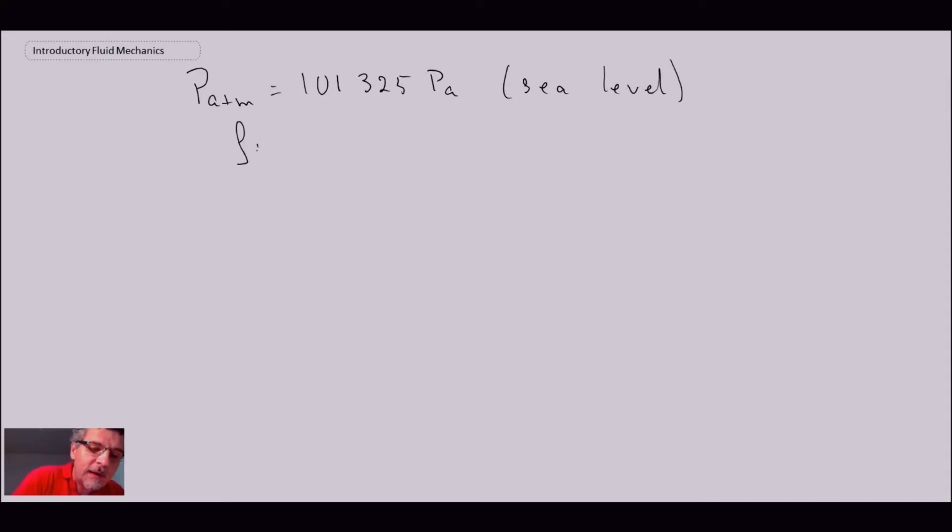Now, taking a look at typical values, let's say we have P atmosphere equals 101,325 pascals, and that would be at sea level. And knowing the density of mercury at room temperature, 13,580 kilograms per meter cubed, we can go to our equation, P atmosphere equals rho Hg g h.